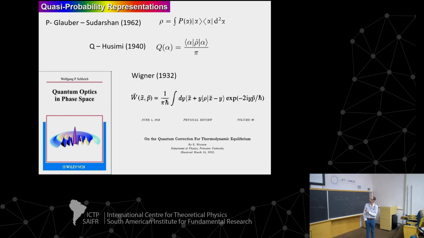Because you can see here an extensive and very nice description in this book by Wolfgang Schleich. I strongly recommend it, because it plays with the origins, and I'll give here just a brief overview on the topic. It comes from 1932, on the quantum correction for thermodynamic equilibrium.